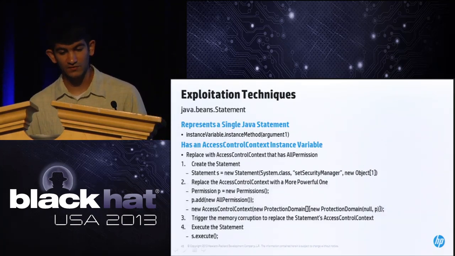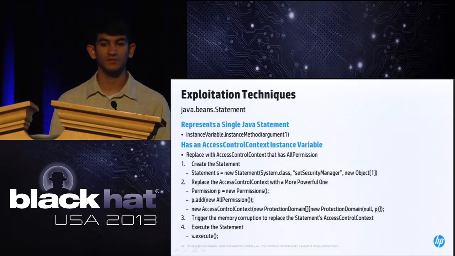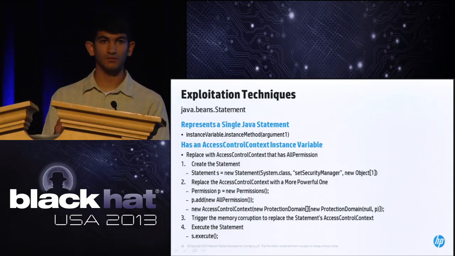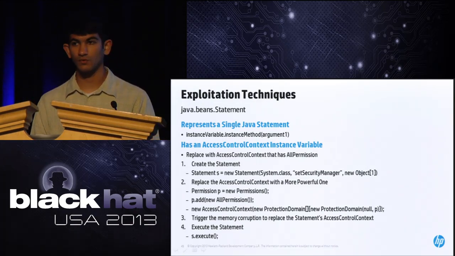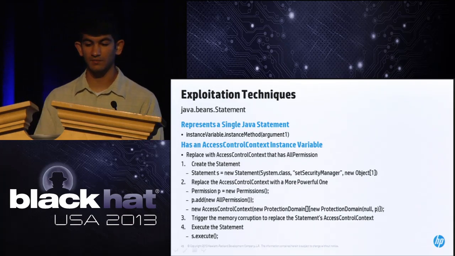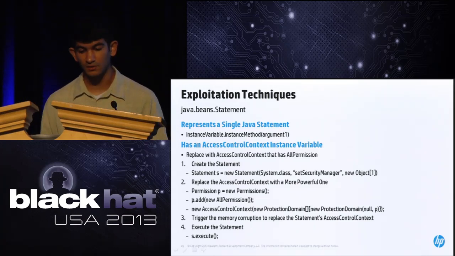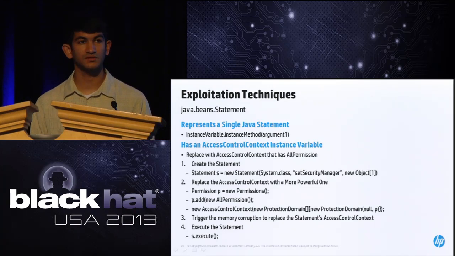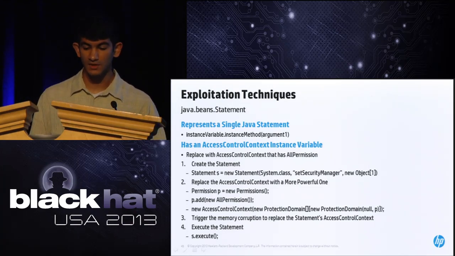So Java Beans Statement represents a single Java statement of the form instance variable, instance method, and then arguments. So what you can do is allocate your buffer of whatever vulnerability you control, and immediately after create a Statement and replace the Statement's implicitly created access control context with one that's far more powerful.